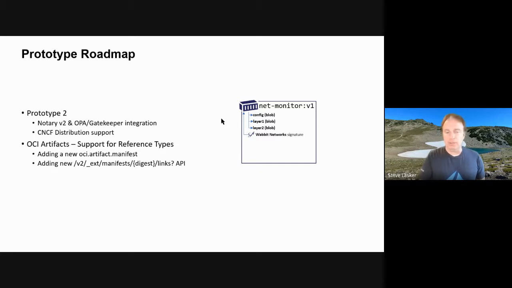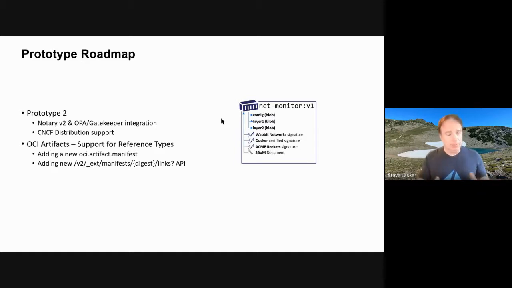David's team has a deploy script that says deploy netmonitor:v1 or deploy netmonitor at SHA-1234. And that deployment script shouldn't change just because I add a signature. So we need to be able to add content to a registry and say, by the way, I am enhancing this other thing, and multiples of those. And those signatures individually must be immutable. We don't want to keep updating a document in the registry that says here's another signature, and have collision and contention.